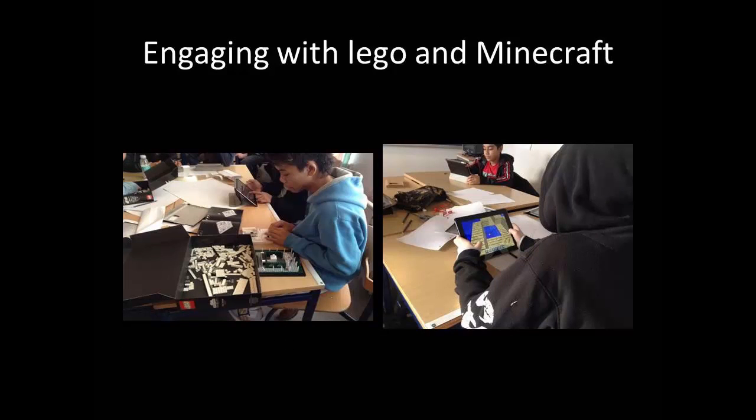What is interesting is that there's not an evolution even in the way that students use the different resources, because some, as you can see in the pictures, choose to use the iPad, and others find that Lego is the thing that makes sense for them in their learning.